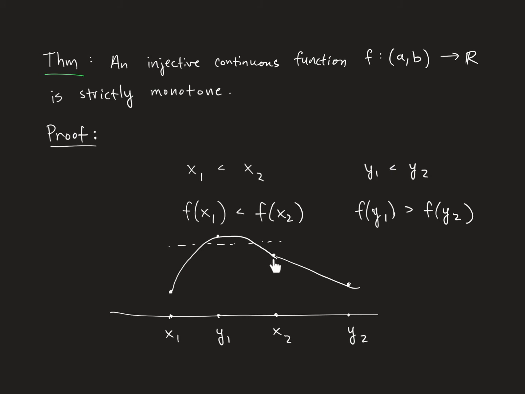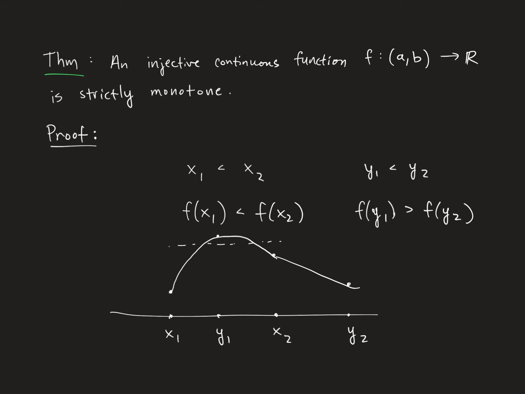So in this case, the way I've drawn things, your f of x2 is between f of y1 and f of x1. That means your f of y1 is bigger than your f of x2.